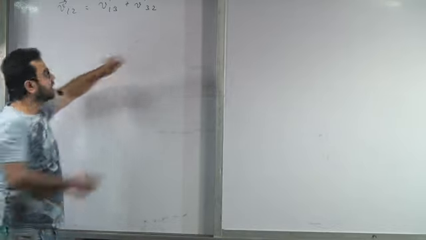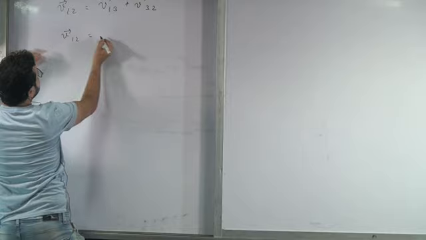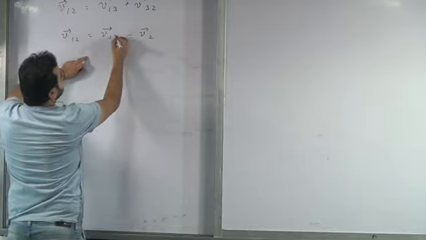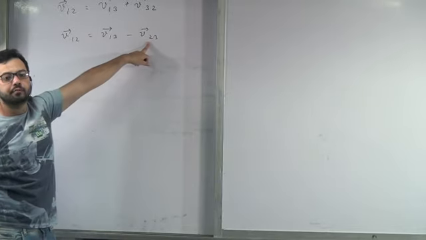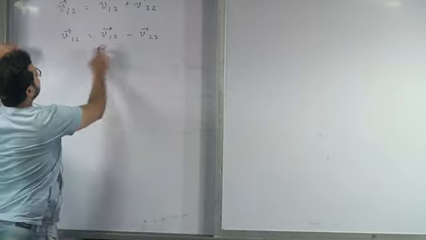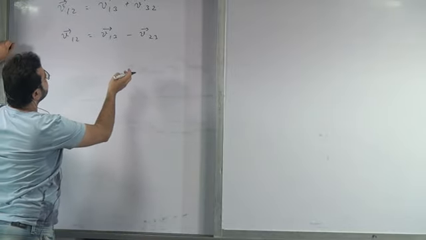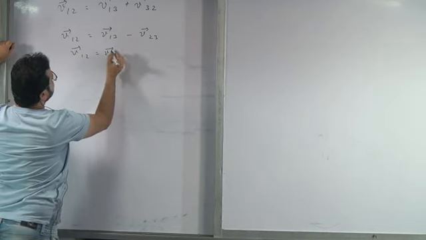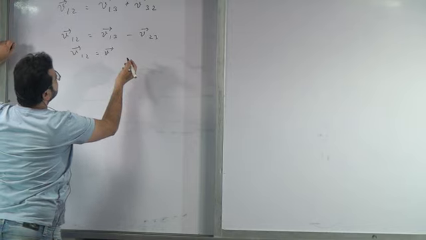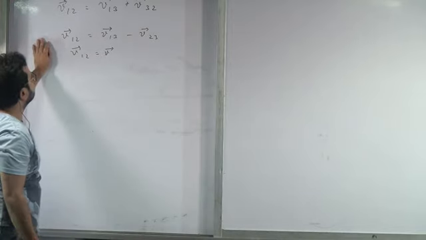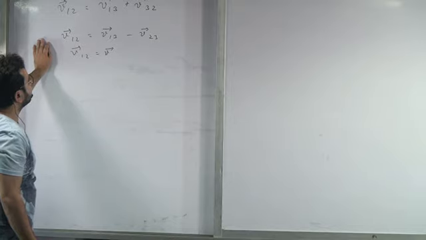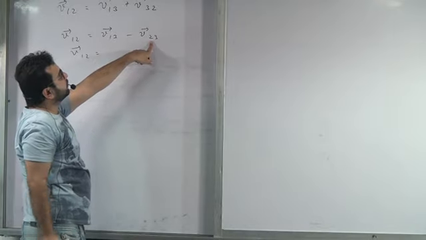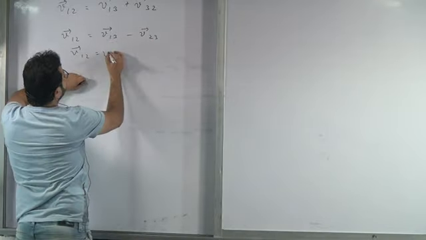Is that right? Okay. How did I come to this? Velocity of 1 with respect to 2, I can write it as velocity of 1 minus velocity of 2, right? But with respect to what? With respect to a common frame. And then that common frame is 3. So I can write, how can I write this? Velocity of 1 with respect to 2 is equal to velocity of 1 with respect to 3, that is correct.